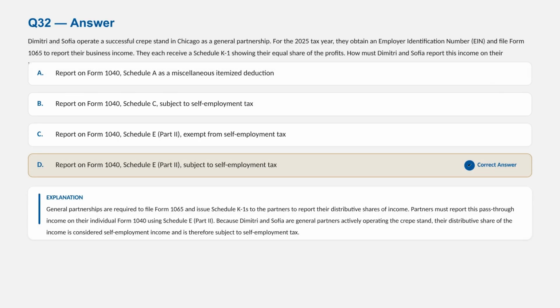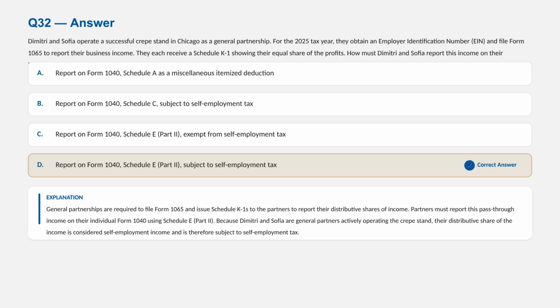The correct answer is D. Report on Form 1040, Schedule E, Part 2, subject to self-employment tax. General partnerships are required to file Form 1065 and issue Schedule K-1s to the partners to report their distributive shares of income. Partners must report this pass-through income on their individual Form 1040 using Schedule E, Part 2.